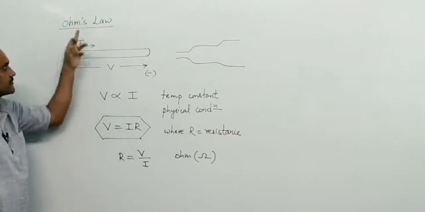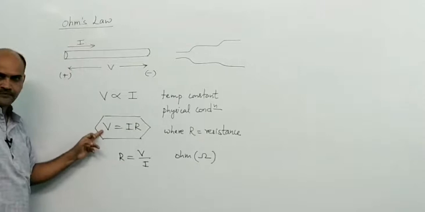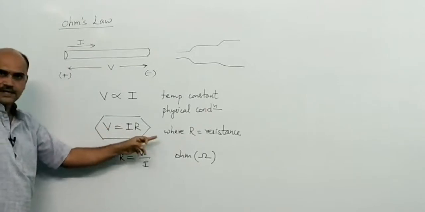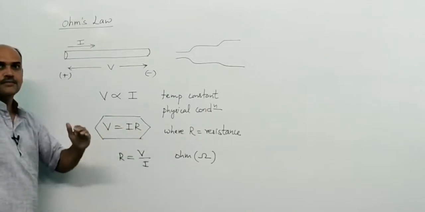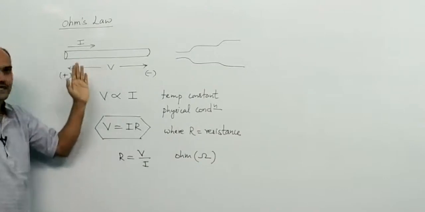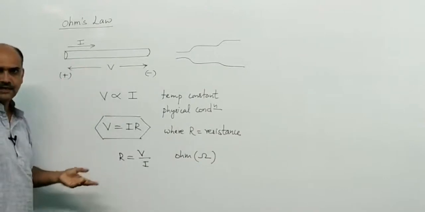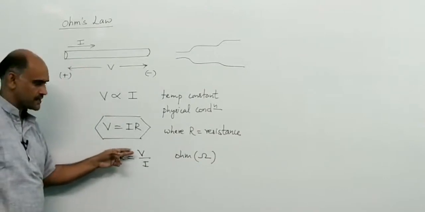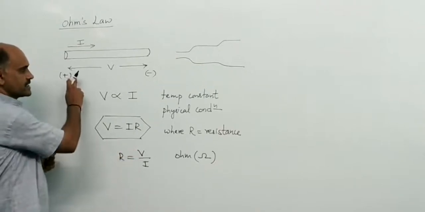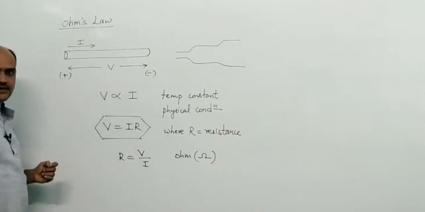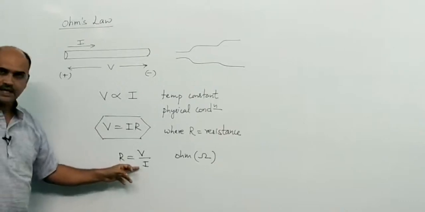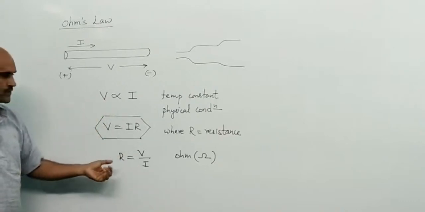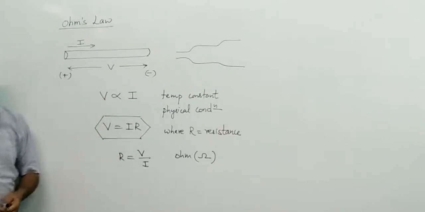This is the equation of Ohm's law. R is called resistance. It is nothing but opposition to the flow of current through a conductor, or you can define it as a ratio of potential difference between ends of a conductor to the current flowing through it.